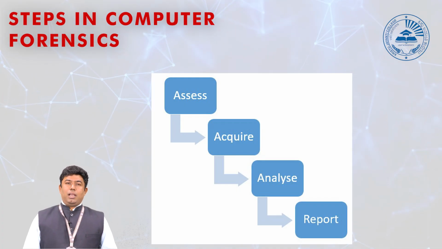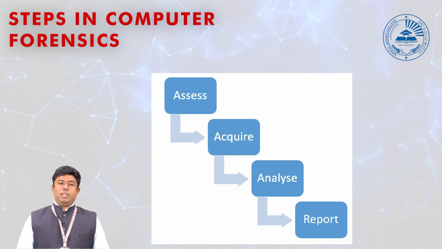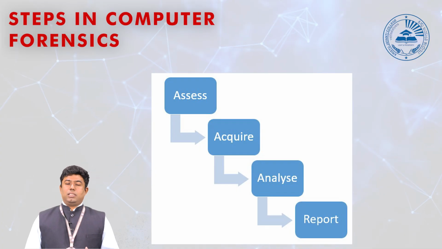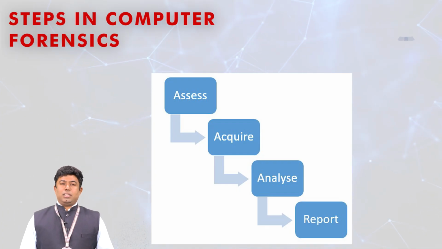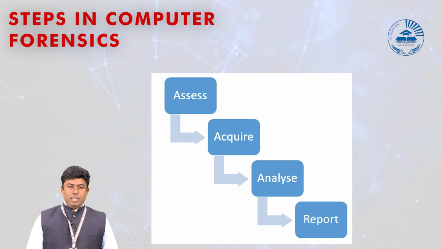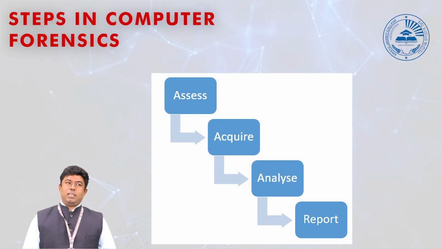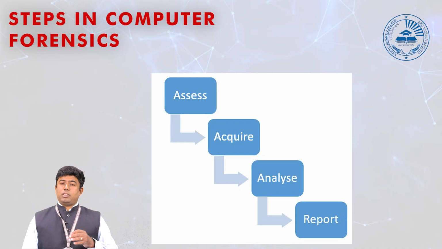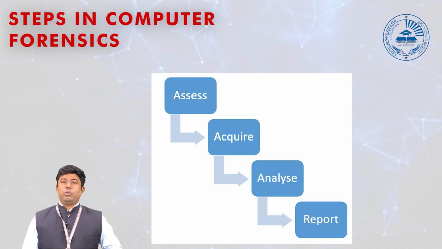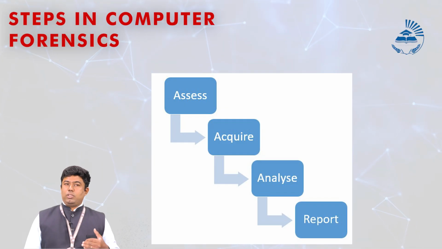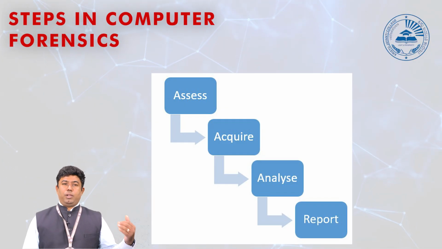After we make an acquisition of this particular disk, we are going to make an analysis of that. This analysis is based on the case that is there. So it is very important in the first step itself, when we are assessing the scene, to take into consideration what data we require. During the process of analysis, we are not going to look through the whole of the hard disk, but we have to search for data pertaining to that particular case.